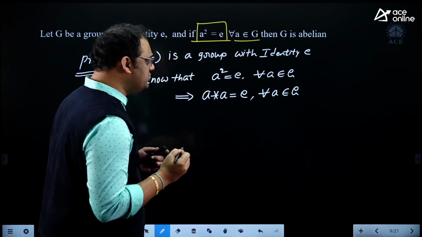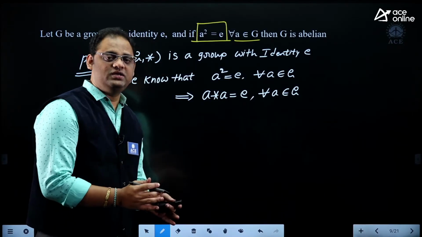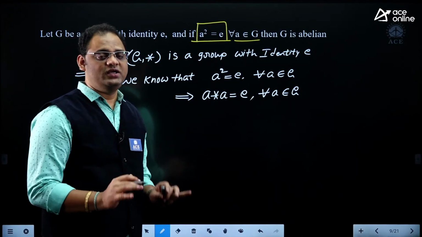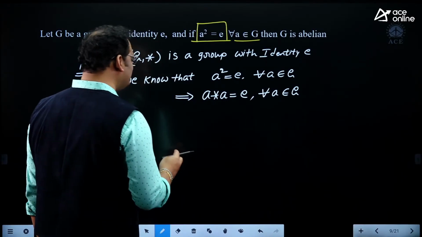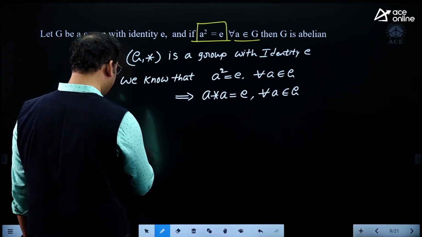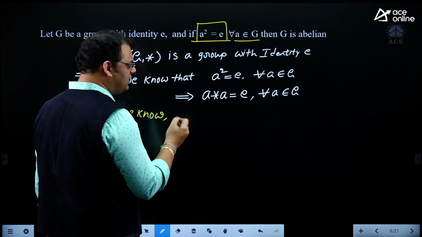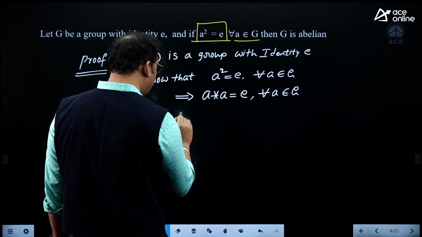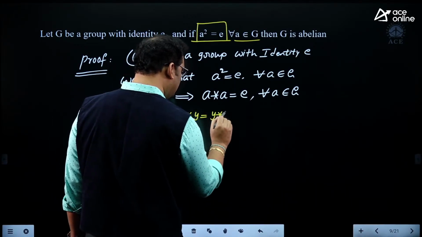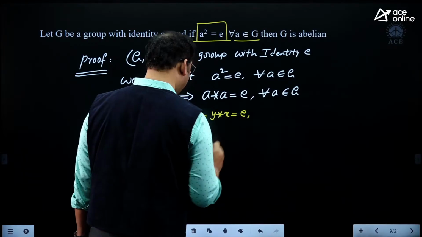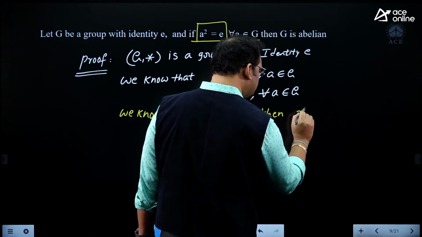By using the inverse property, we clearly know that if A star B is equal to B star A is equal to identity, then A and B are inverses to each other. Let me write it in X and Y. If X star Y is equal to Y star X is equal to identity, then we can say that X and Y are inverses to each other.